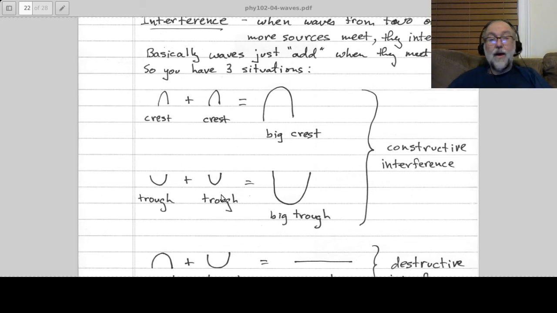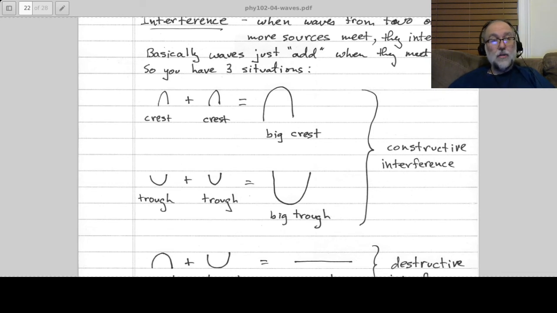A trough plus a trough gives a big trough. So crest plus crest gives addition of the two crests, and trough plus trough gives addition of the two troughs. This is what's known as constructive interference. Both sources are trying to do the same thing at the same point in space at the same time, and they are enhancing one another.